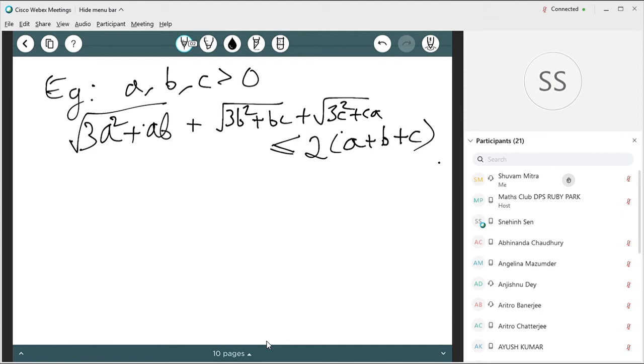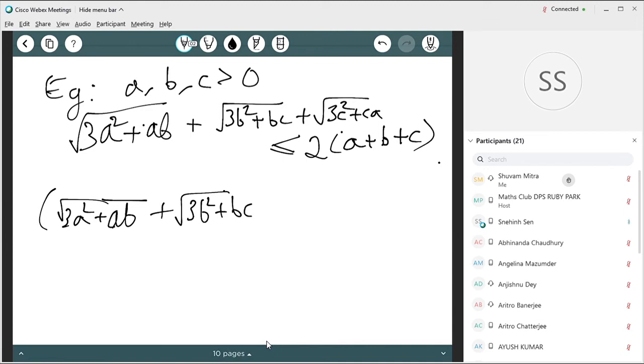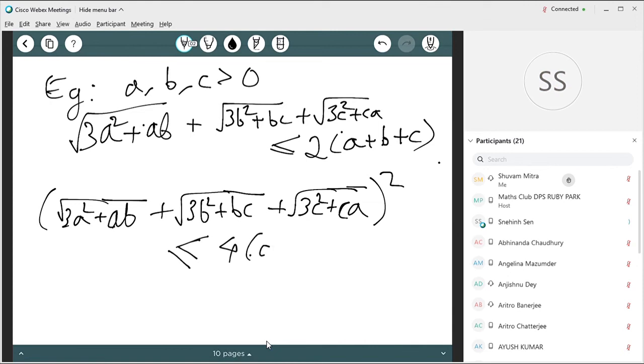As you said, whoever said it, it's right. You can square it and not expand, to make it visually simpler: root 3b squared plus bc plus root 3c squared plus ca. We don't expand, we just write it as a square. A common factor, yeah, exactly, that's what we need to observe, times 4 times a plus b plus c whole squared. But what's this?